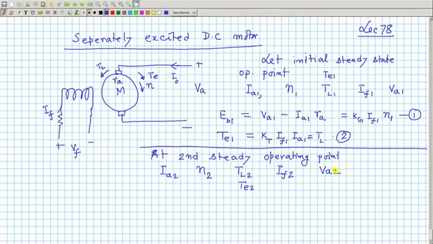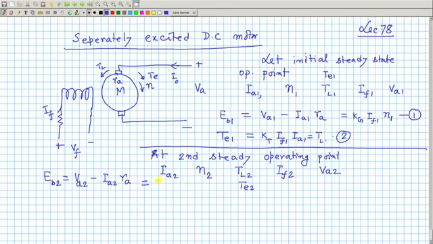In that case, EB2 will be equal to the applied armature voltage, which I have changed, VA2, minus IA2 RA, where IA2 is the steady armature current. Suppose I have not changed the armature resistance; I could always connect external resistance in the armature, but let us not complicate this too much.